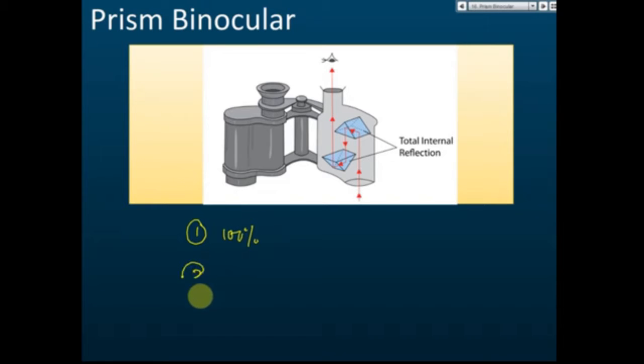The second reason: for total internal reflection, there is no double image. Now, what is a double image? Let's say you use a mirror. Usually there's a piece of glass, and at the back of the glass we have a layer of silver. The silver is the substance that reflects the light.